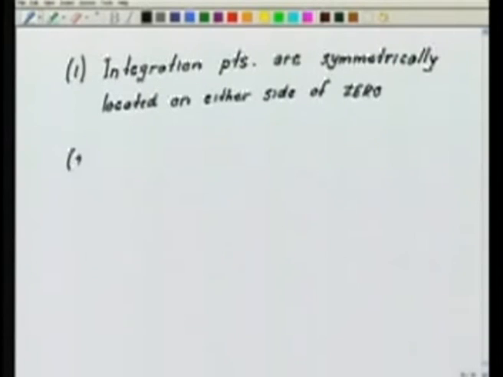And the weights for a pair of such symmetric points are the same.